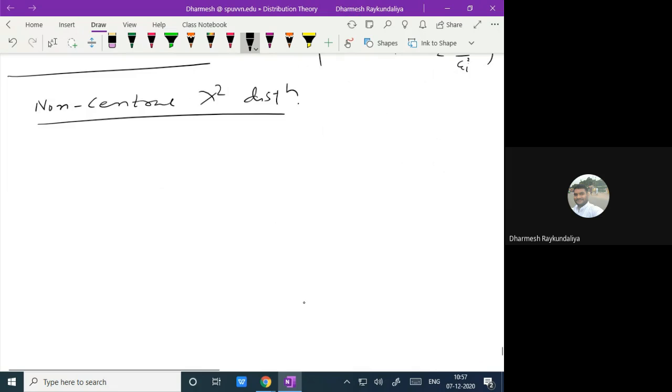Non-central chi-square distribution. Let X be distributed as normal mu, sigma square.